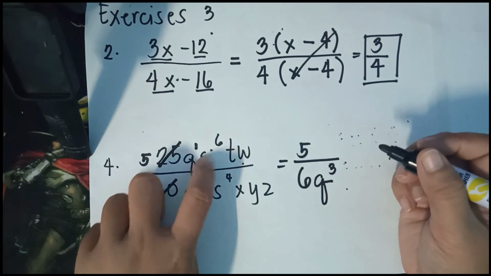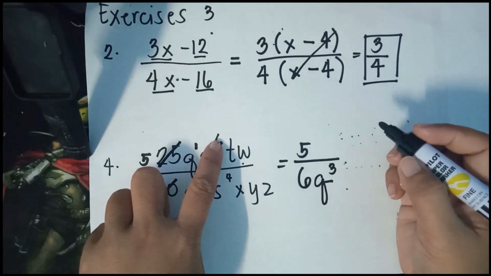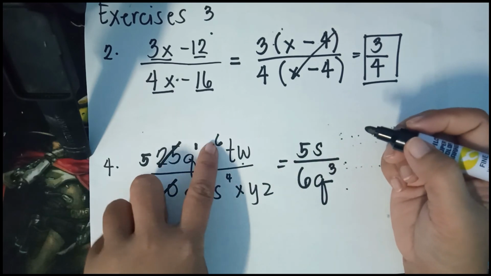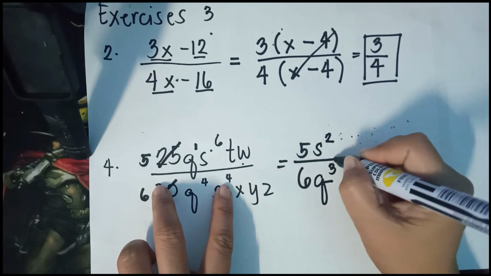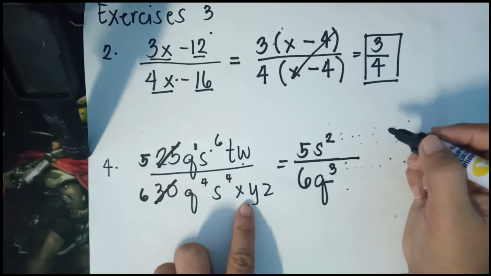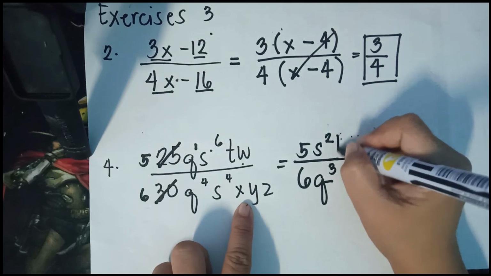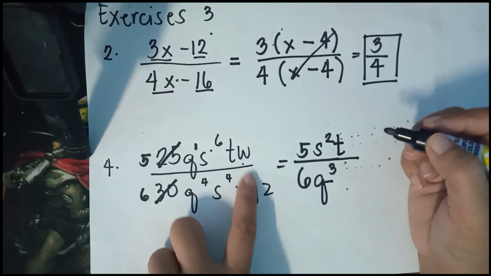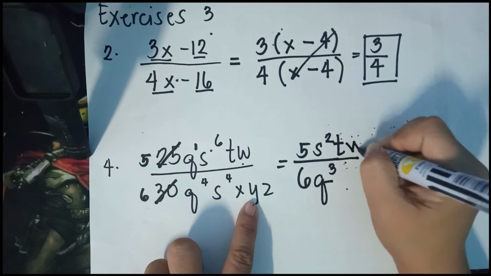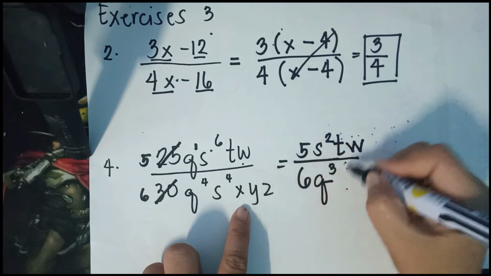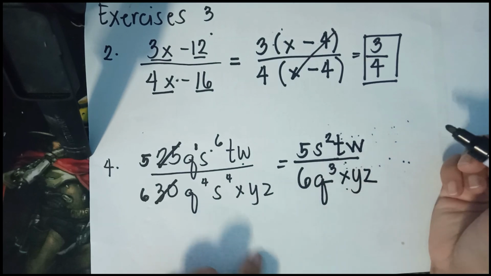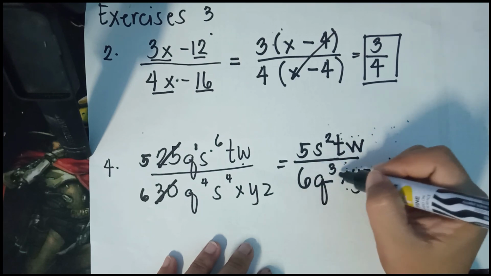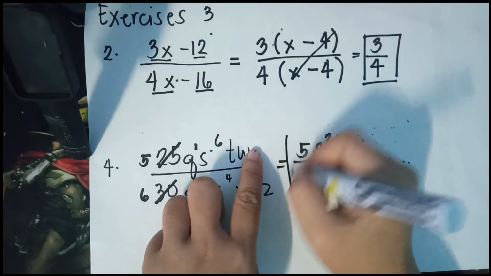Next, s raised to 6 and s raised to 4. Since 6 is greater than 4, then s is in our numerator, and subtract 6 minus 4, we have 2. Next, t. Since we don't have t on our denominator, then just copy that on our numerator. Next, w. Since there is no w on the denominator, just copy. The same with x, y, and z. Then our final answer is 5s squared tw over 6q cubed xyz.